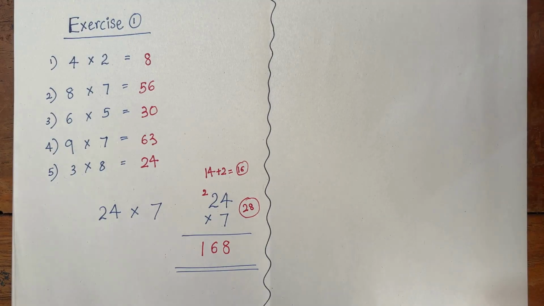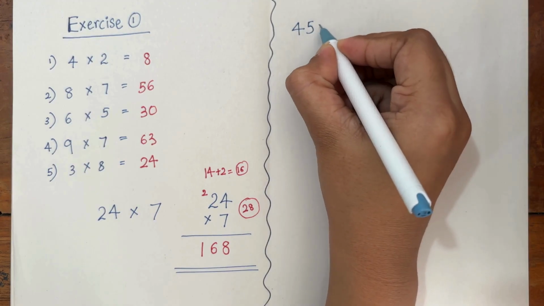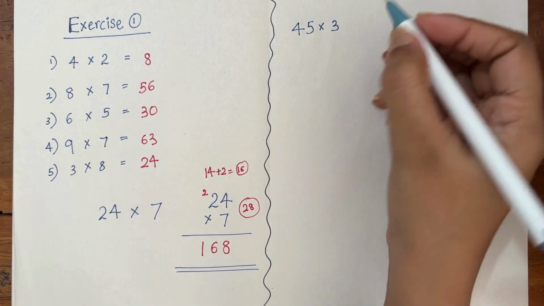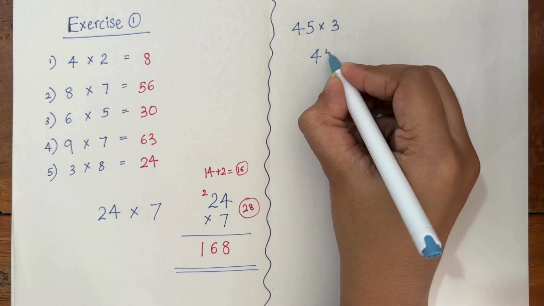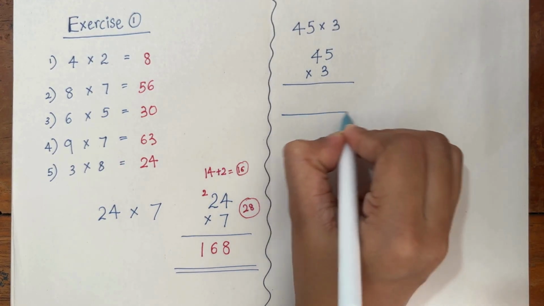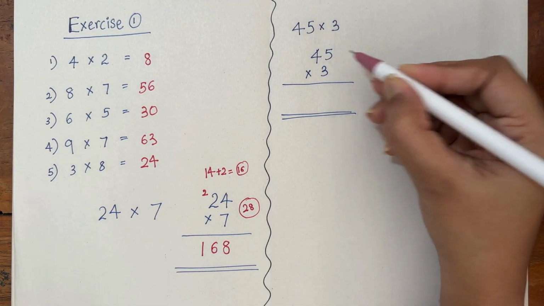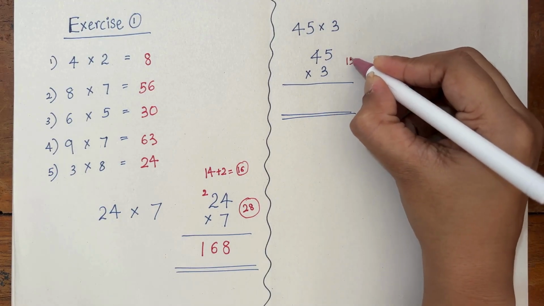Let's do another example. 45 multiplied by 3. We have to write them down according to the place values. 3 times 5, 15.